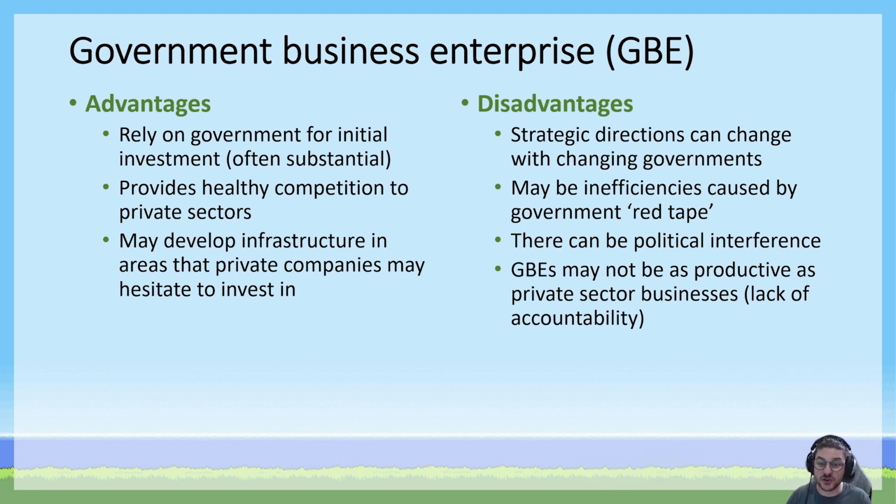Certainly, it's a notorious aspect of government that there's a lot of inefficiencies, a lot of red tape, which typically just means administrative nonsense that creates inefficiencies. And so being a business that's owned by government, it's possible, even likely, that your business will be more inefficient as a result of having to deal with this government red tape.